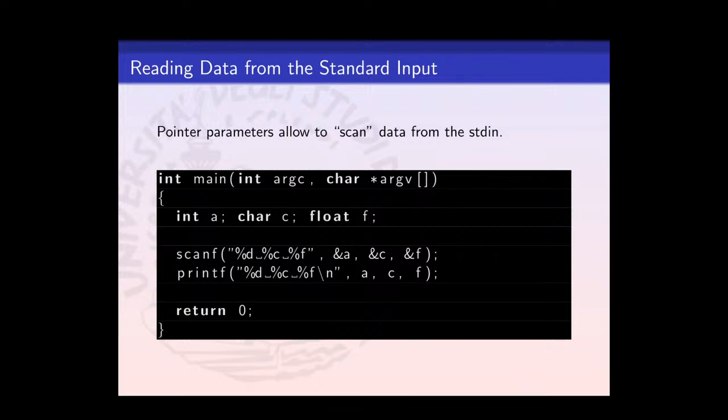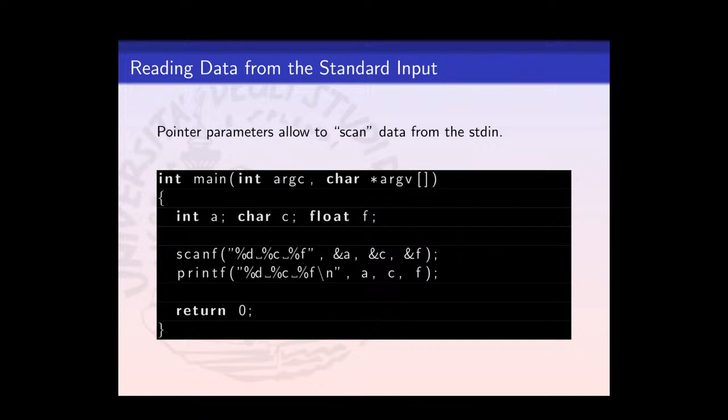So in this specific case, for instance, I have 3 variables: a, which is an integer variable, c, which is a char variable, and f, which is a float variable. And I can read from the standard input, exactly as reported by the first parameter of scanf, 3 values, which according to the percentage notation will be, first of all, a decimal number, second, a char, and third, a floating point number.